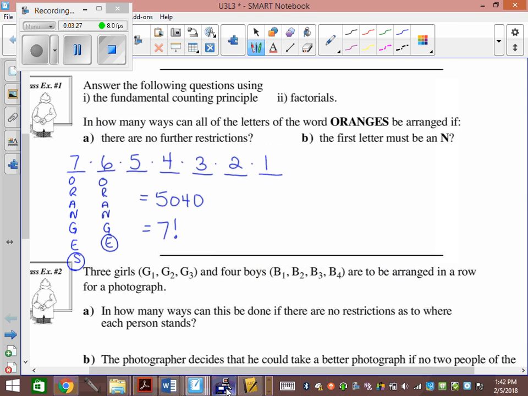Another way, because these go down by 1s, we could also say we have 7 letters and we're picking 7 of them. It's a permutation because it's a word, so we use the P. We have 7 letters and we pick all 7. Now, if they could repeat and we had 7 times 7 times 7 times 7 times 7 times 7 times 7, we wouldn't be able to use this, right? We can only use this because it goes down by 1. How do we use that?